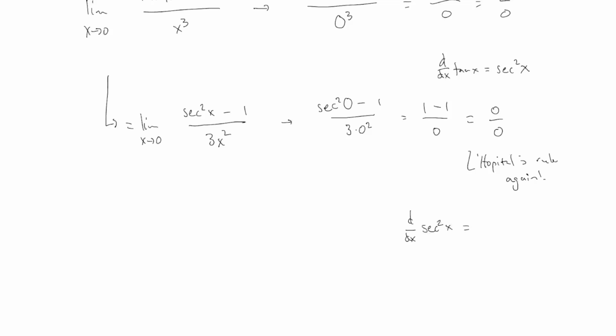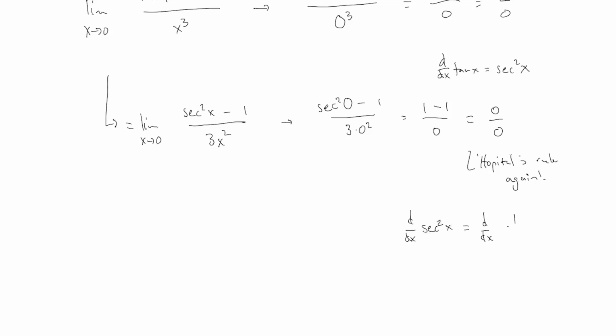Anybody want to suggest a strategy? How do we do the derivative of secant squared of x? Yeah? Put secant squared in terms of cosine. Okay. So secant is 1 over cosine.